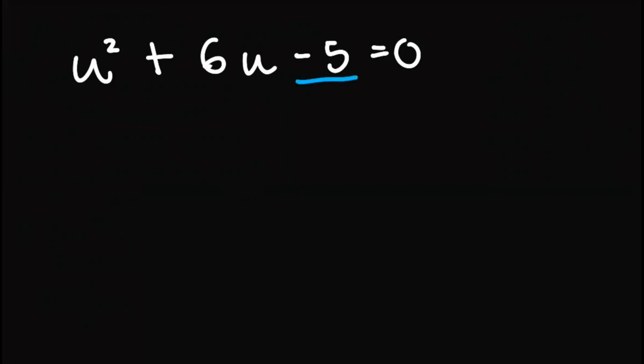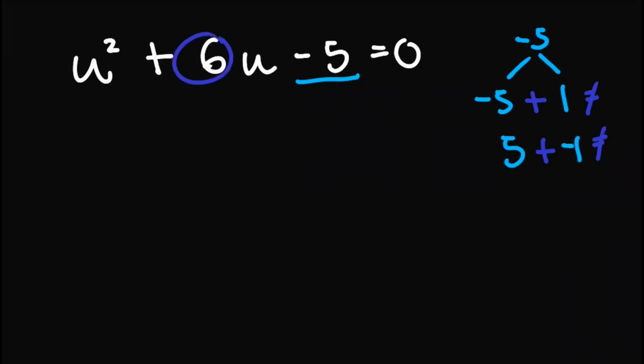But upon checking negative 5, its only possible factors are negative 5 and 1, and 5 and negative 1. However, none of these adds up to our middle term, which is 6. So we can't really factor this one easily.